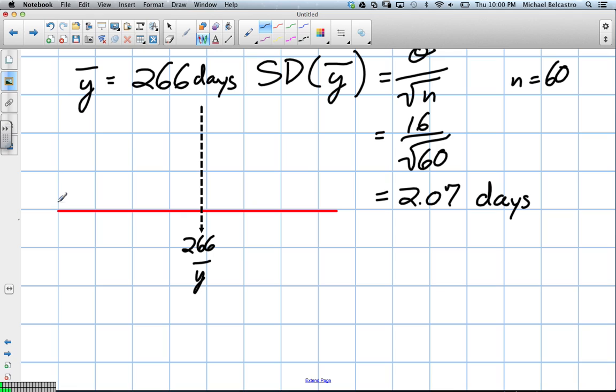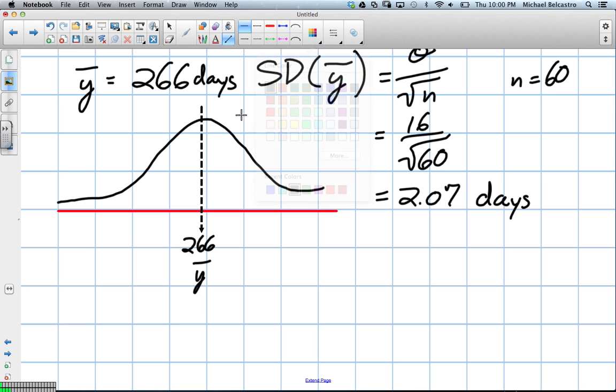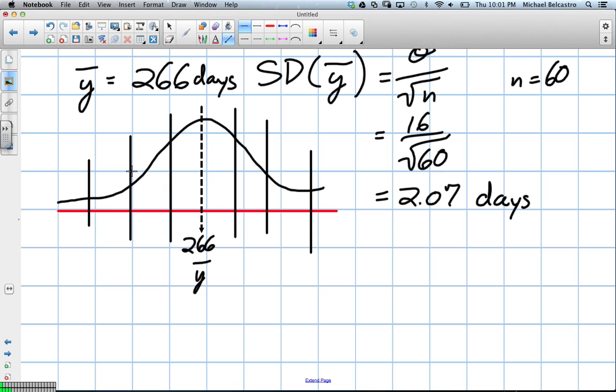That's going to be our average. Then we're going to talk about how all these averages deviate. We'll have 1 deviation to the right, 1 to the left, 2 to the right, 2 to the left, and 3 to the right, and 3 to the left. And we're just going to figure out what these values are. So I'm going to say plus 1, plus 2, plus 3, and minus 1, minus 2, and minus 3.